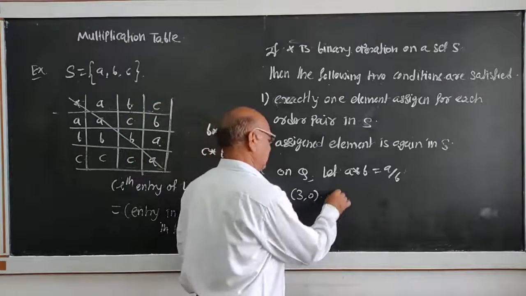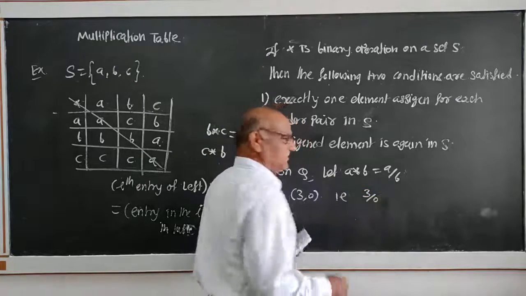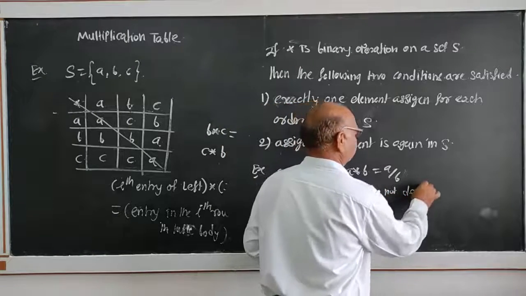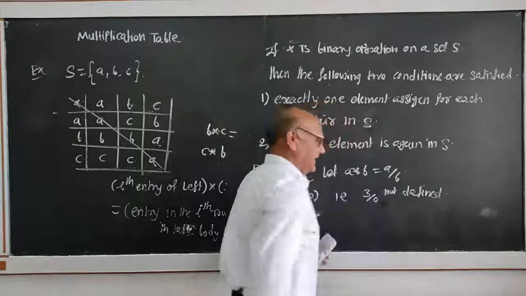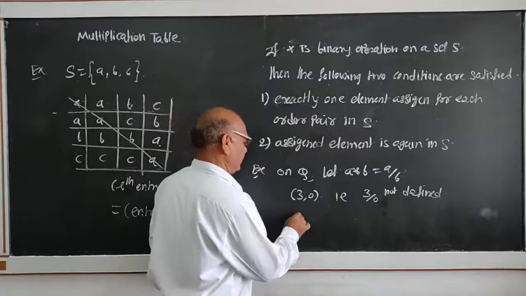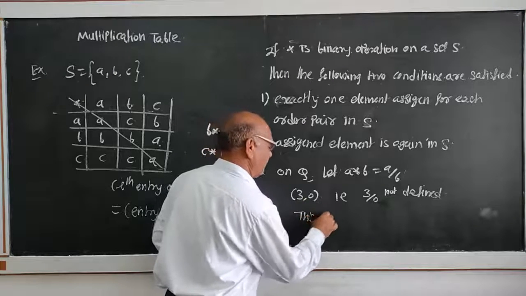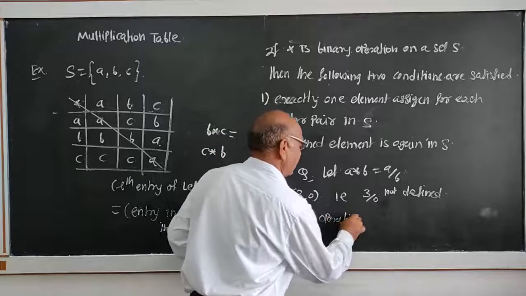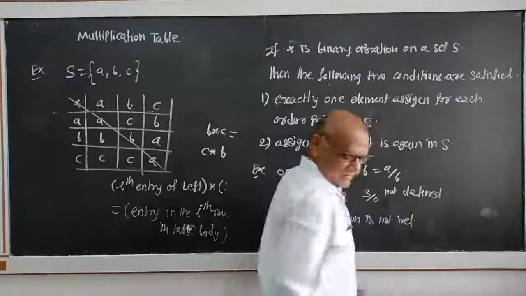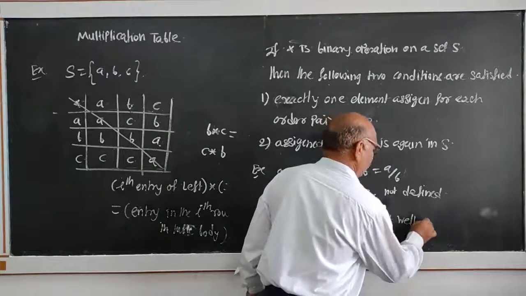That means 3 divided by 0 is not defined. And so this operation is not well defined.